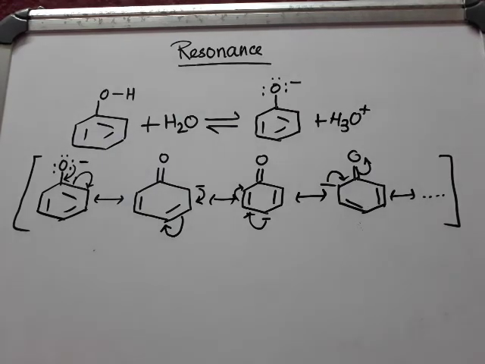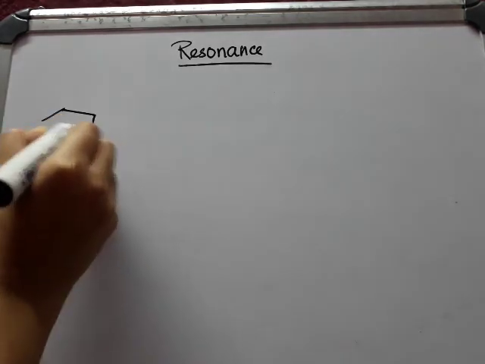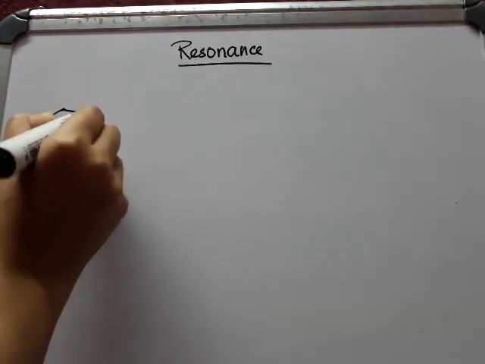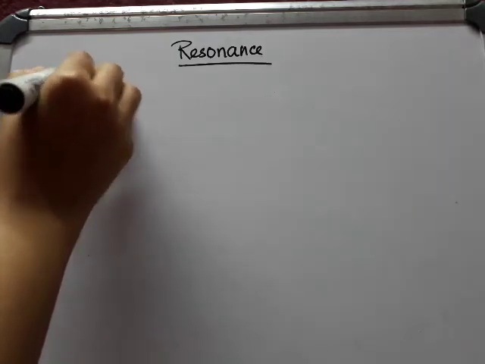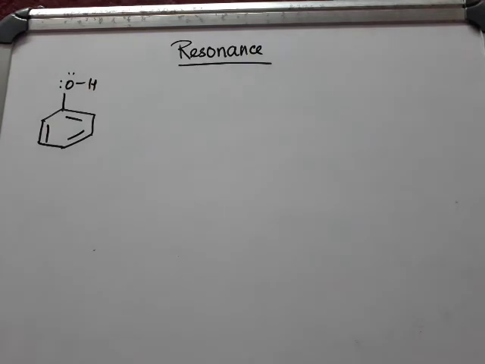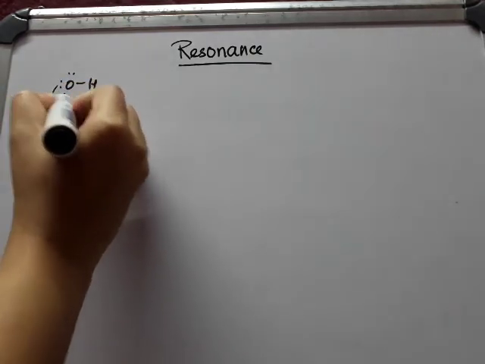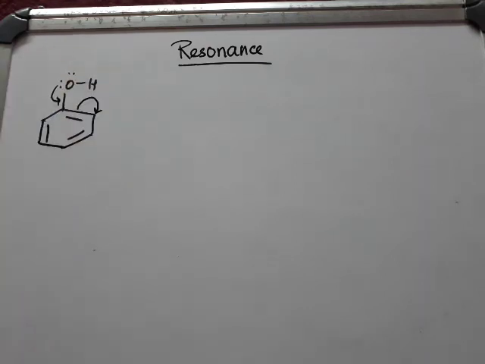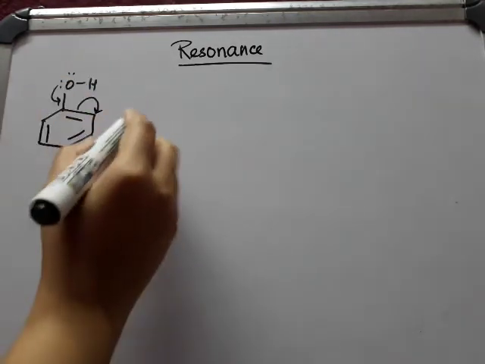In other words, we can also explain this fact. Suppose directly we are taking phenol. So here are 2 lone pairs of electrons on the oxygen atom. So these are in conjugation. So the bond will shift over here. This is neutral, and after sharing with that carbon atom, it will become positive.